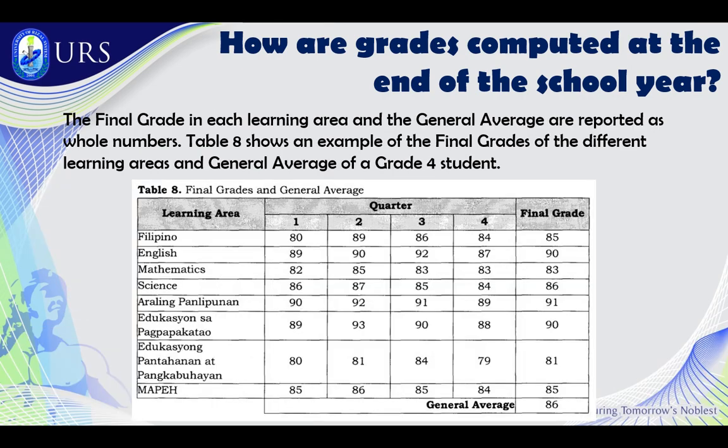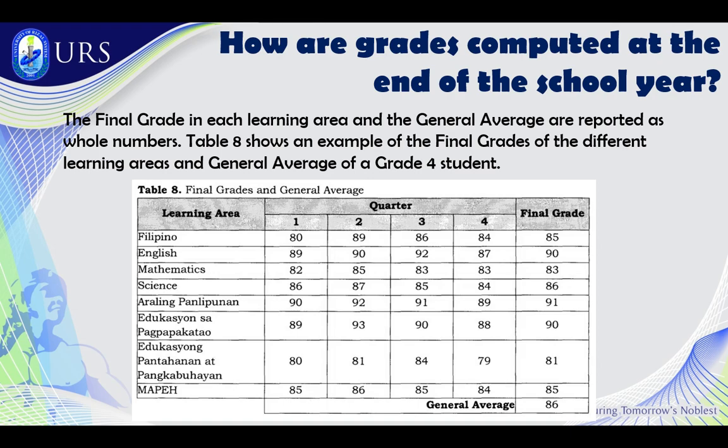So the final grade in each learning area and the general average are reported as whole numbers. Table number 8 shows an example of the final grades of the different learning areas and general average of a grade 4 student. So example lang po ito ng grades.